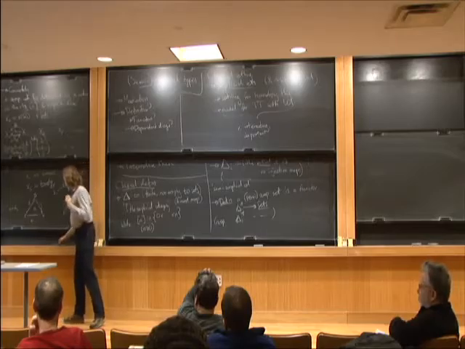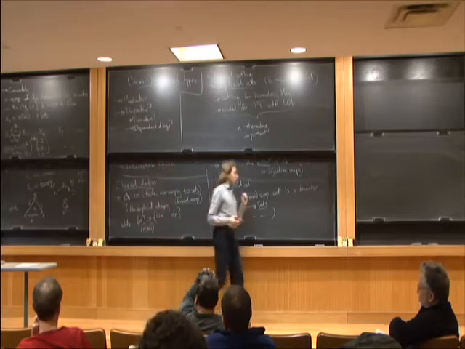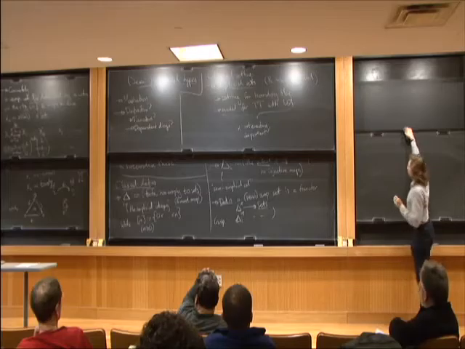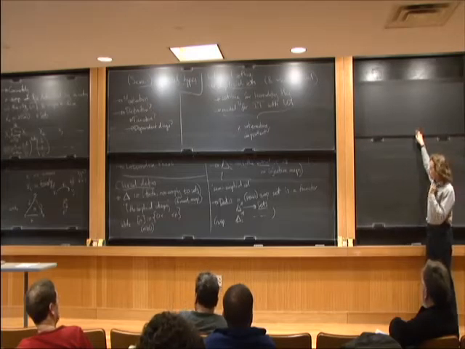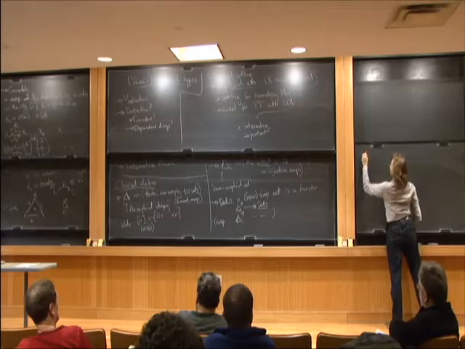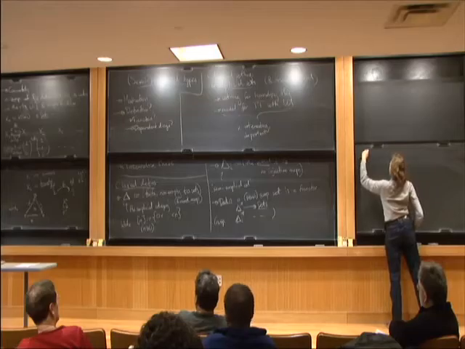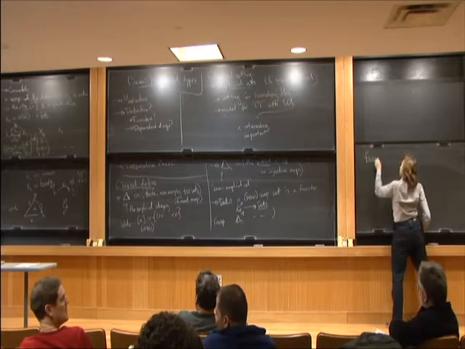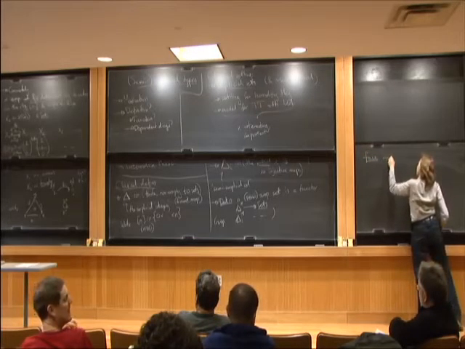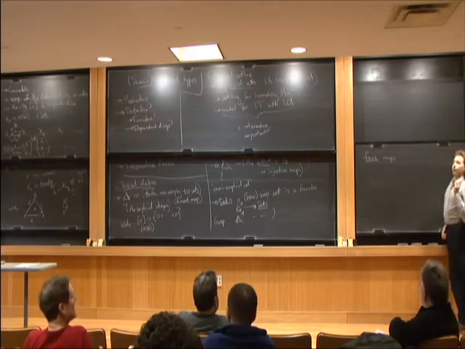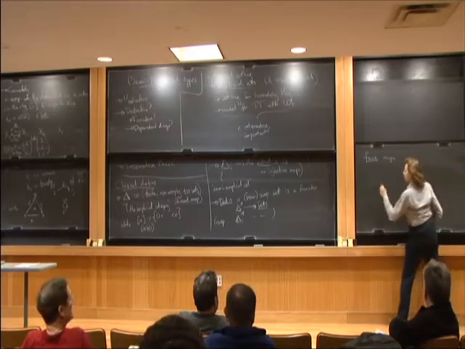Yes, so I've been kind of introducing these two bits of terminology by stealth without saying in general what they are. Face maps and degeneracy maps are the two important classes.